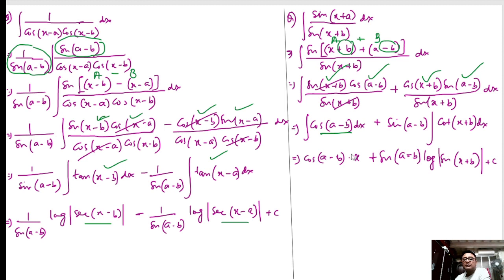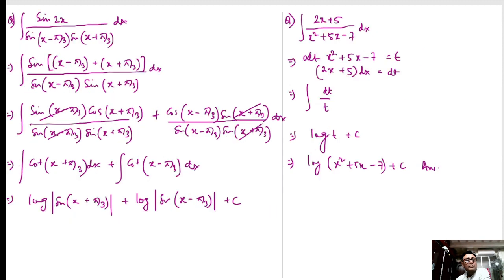So integration of dx is x, and now this becomes cot x plus b, and sine a minus b, the constant, goes out. Integration of cot is log sine x plus c. Okay, friends.